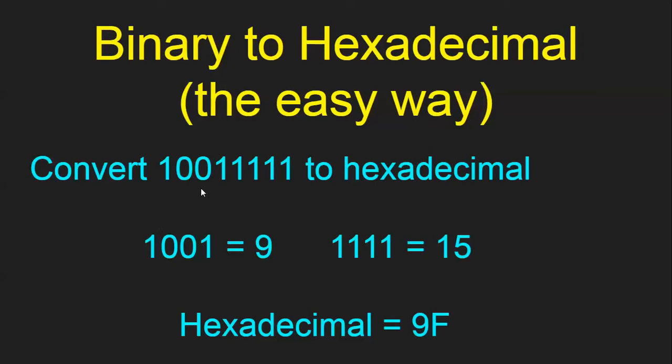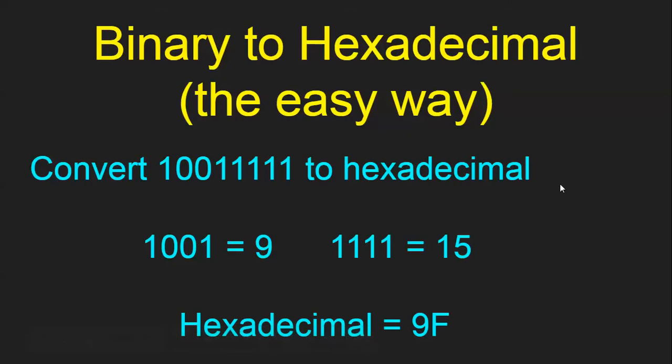So 8 plus 1 is 9. So that's this part right here. And then the other 4 bits, 1, 1, 1, 1, we recognize as 15. So now all you have to do is take the first 4 bits, which is 9, and say, well, what is that in hexadecimal? Well, that's just the number 9. Now, the second set of 4 bits is 15. Well, 15 is actually represented by letter F.